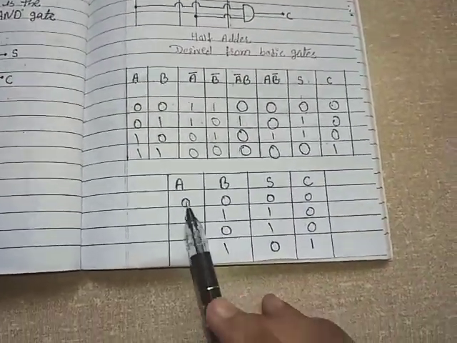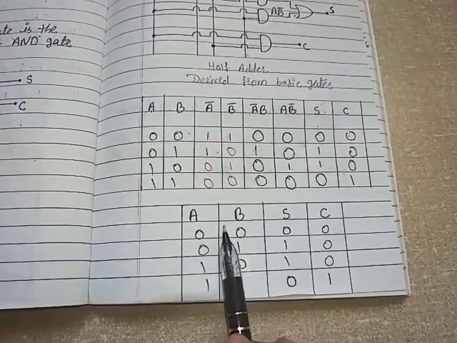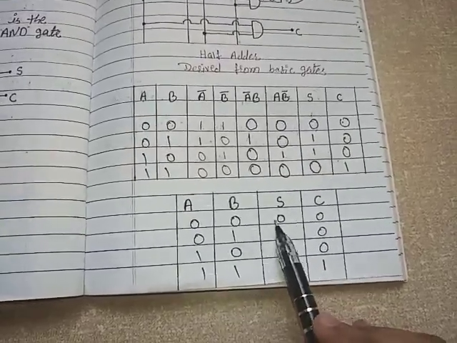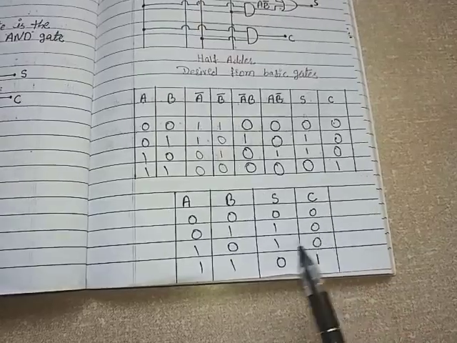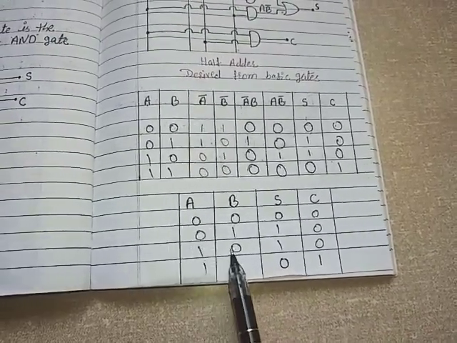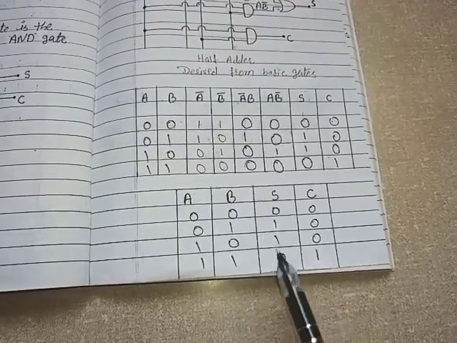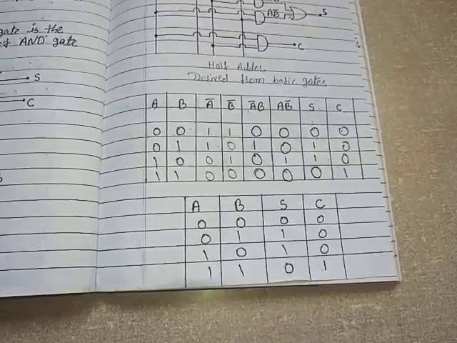So here we have two inputs A and B, and we have to perform binary addition. So 0 plus 0, sum 0 carry 0. 0 plus 1, sum 1 carry 0. 1 plus 0, sum 1 carry 0 and 1 plus 1, sum 0 carry 1. In this manner half adder works.